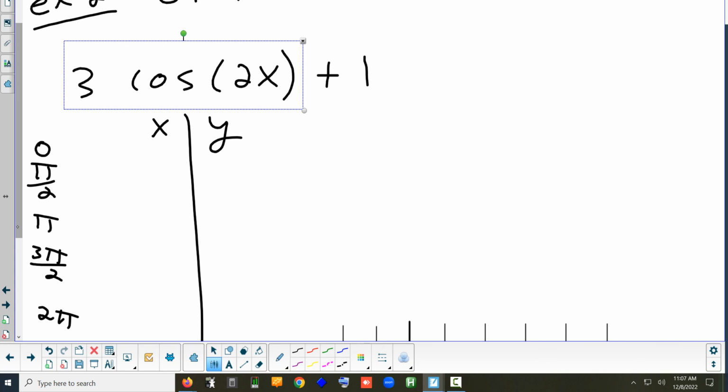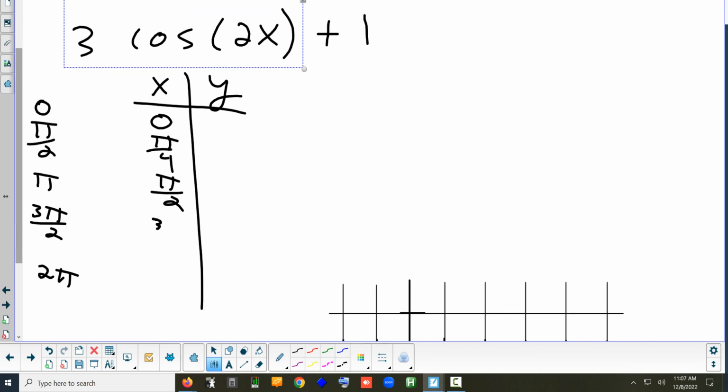Divide these all by 2. So we're going to get 0, and then pi over 4, pi over 2, 3 pi over 4, and pi. Okay. So these are all pi over 4 apart.